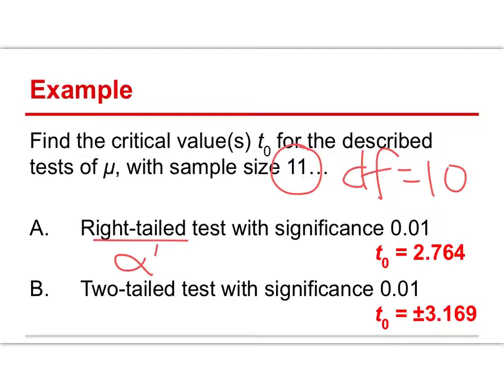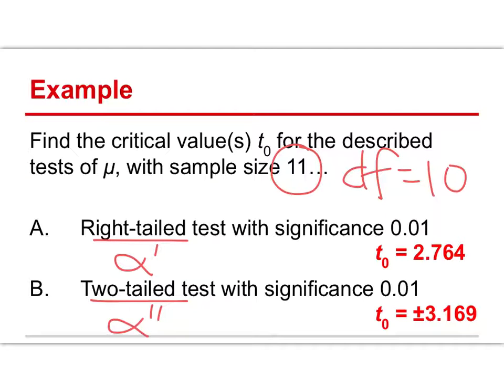Similarly, for a two-tailed test, anytime we see two-tailed tests, we know that we are working with alpha double prime. With a significance level of 0.01, that's going to put us over in the far right column. Again, we still have 10 degrees of freedom, so we slide on down to the row for 10 degrees of freedom, and we find the number 3.169.